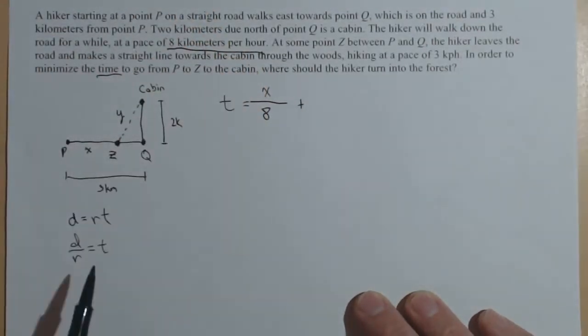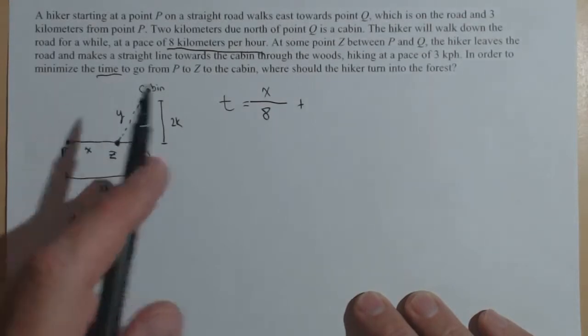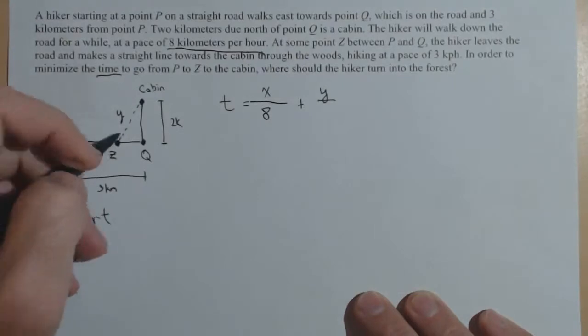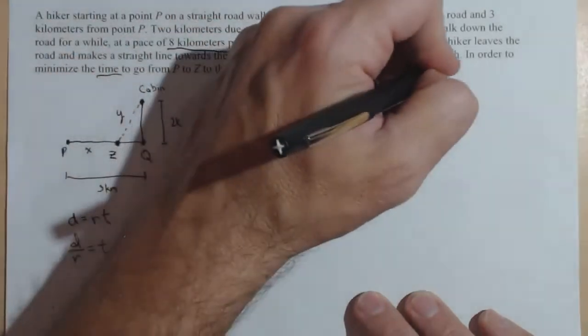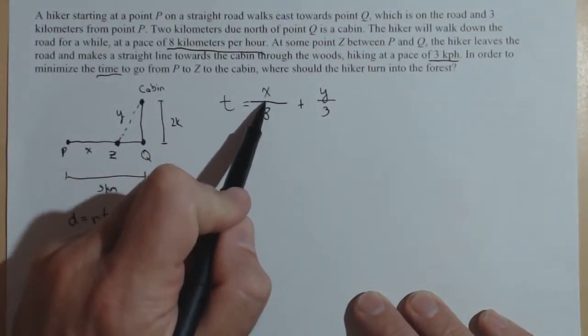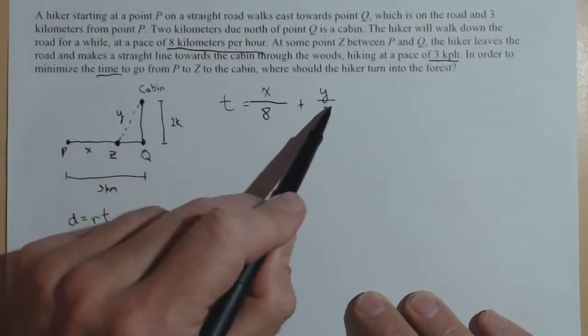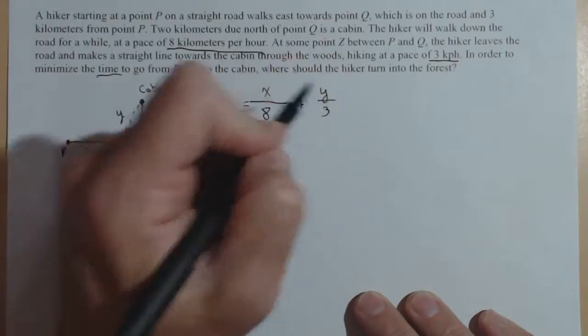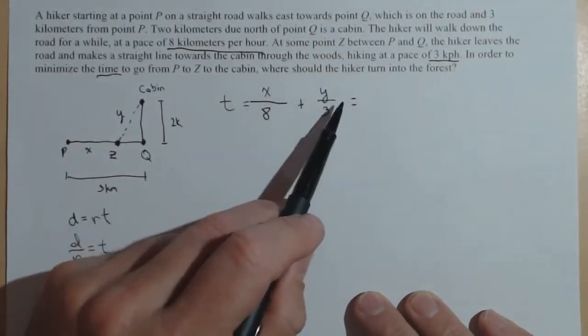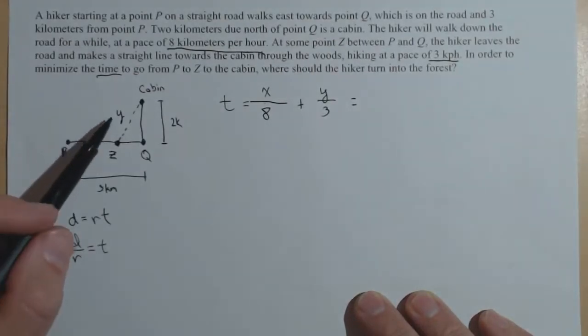Now we are going to add to that our distance from Z to the cabin, which is y, over our rate from Z to the cabin, which is 3 kilometers per hour. So really this is the time from P to Z, and this is the time from Z to the cabin.